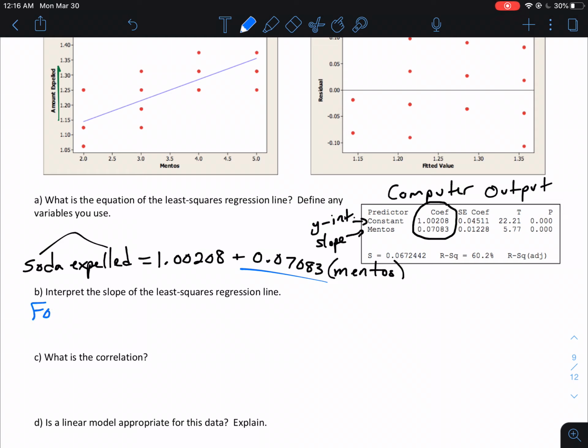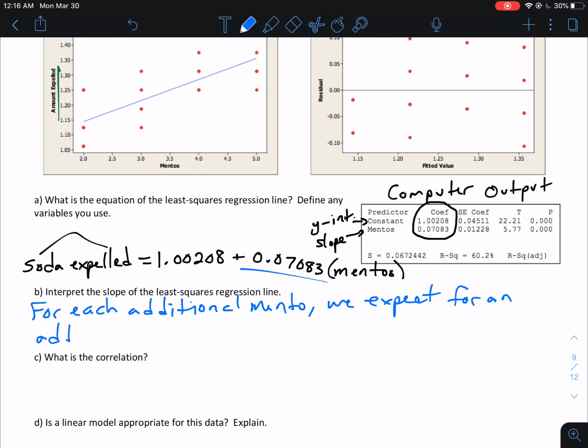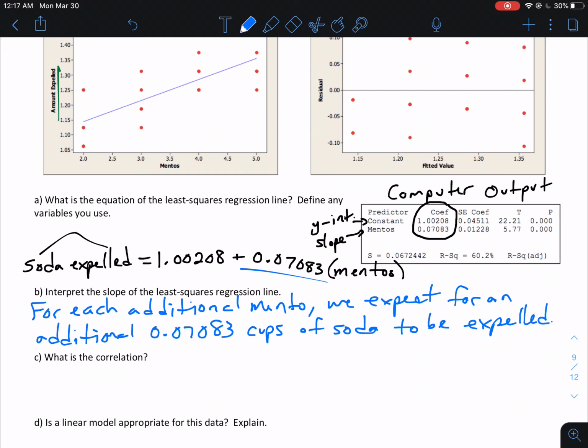Let's say that for each additional Mento that we use, we would expect an additional 0.07083 cups, and be careful because they were talking about this in cups, of soda to be expelled.